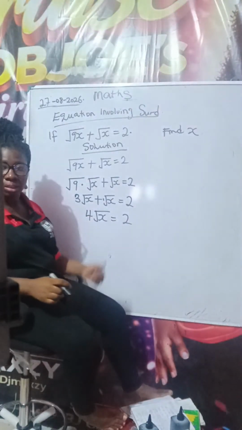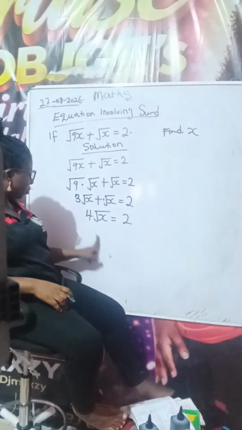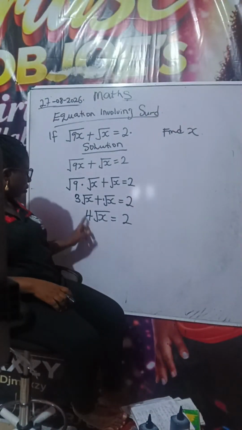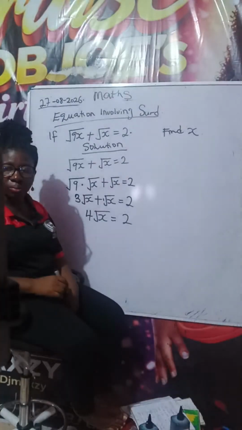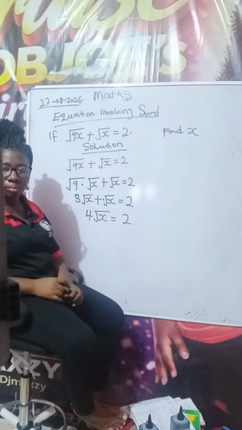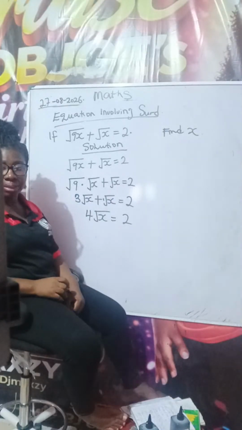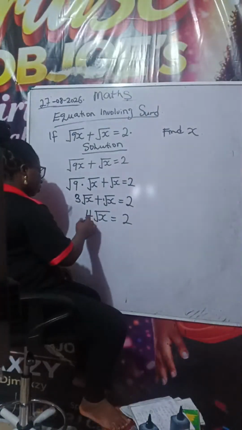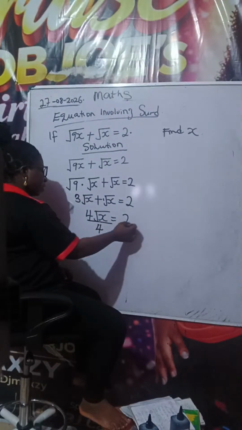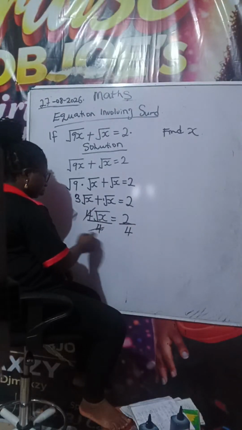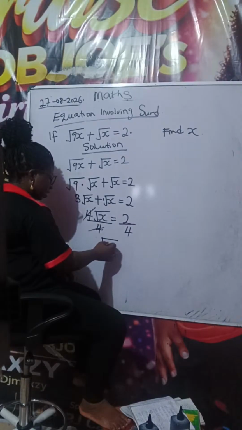Now next is to remove this 4 here. How are we going to remove it? All we need to do is divide both sides by 4. This removes the 4, and we have root x equals.